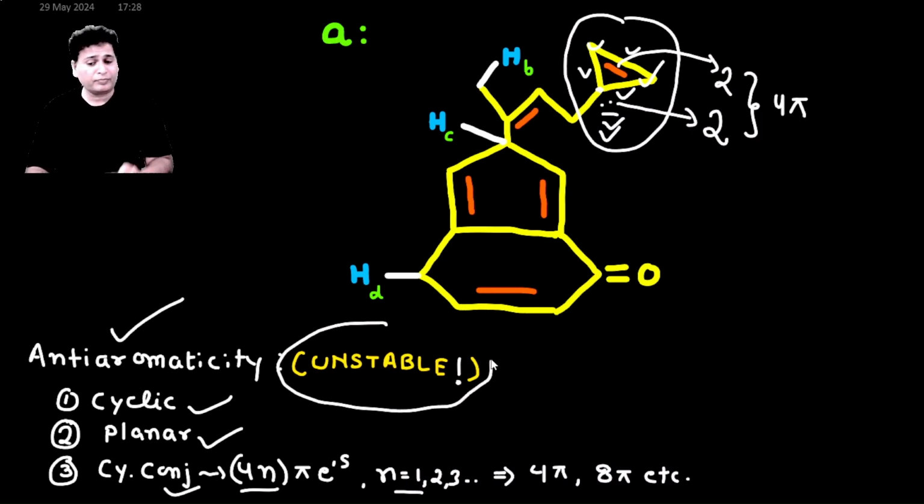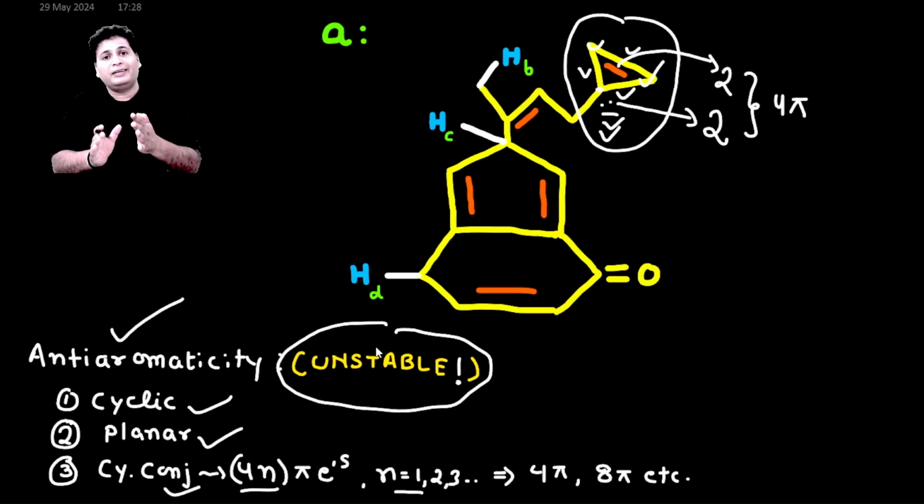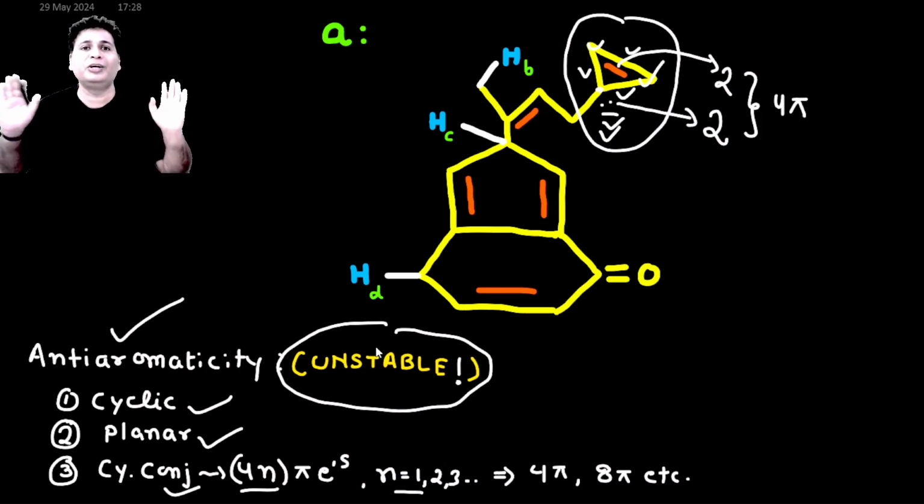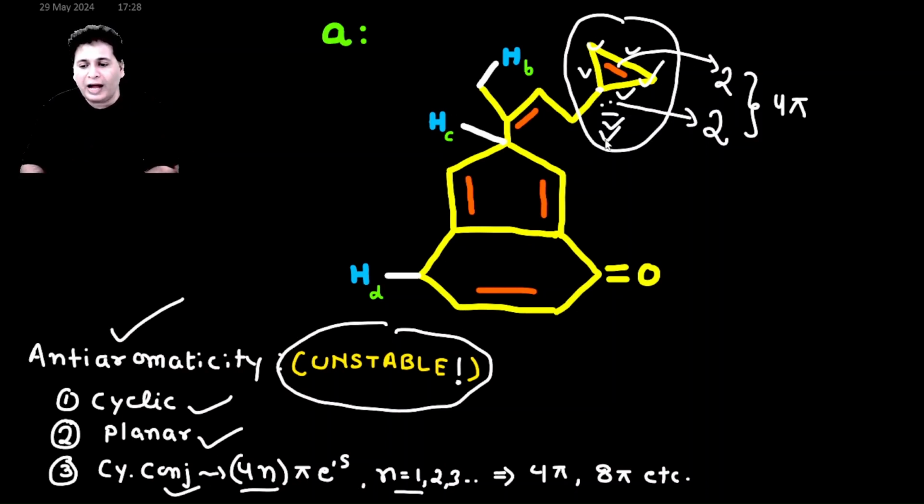already mentioned several times, aromaticity gives stability, and on the other hand, anti-aromaticity makes you that unstable. So the moment you have taken the hydrogen out, you have got an anion, and that anion is not a stable one.